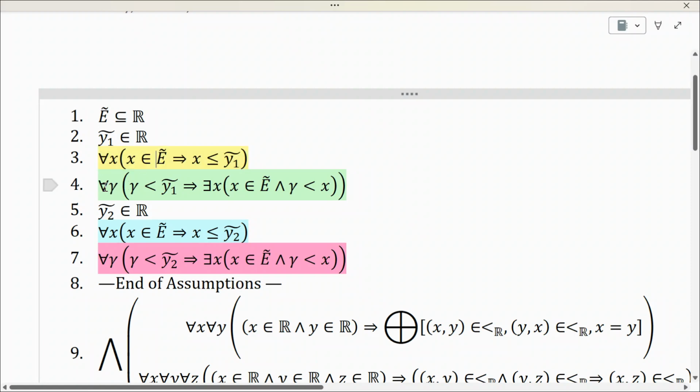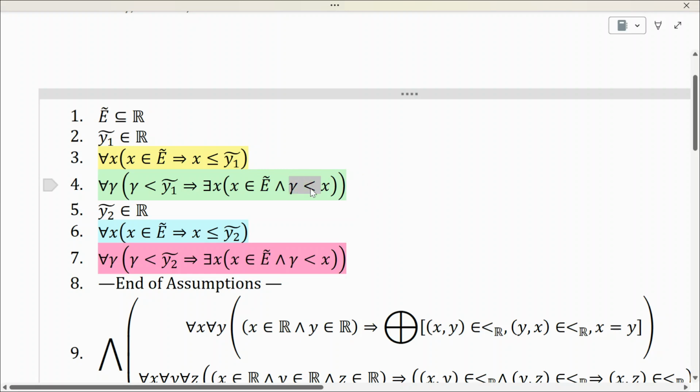And if gamma is any other element, then if it is less than our least upper bound, which is y1 tilde, then there exists some element in E tilde such that gamma is less than x. So there is something in E tilde such that x is greater than gamma.